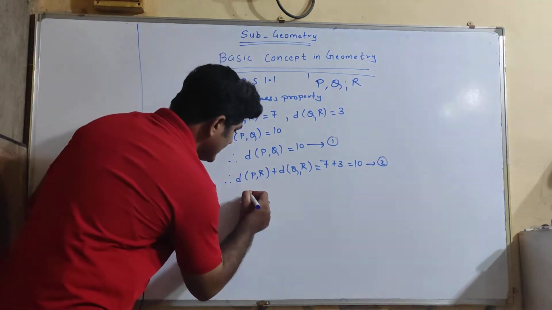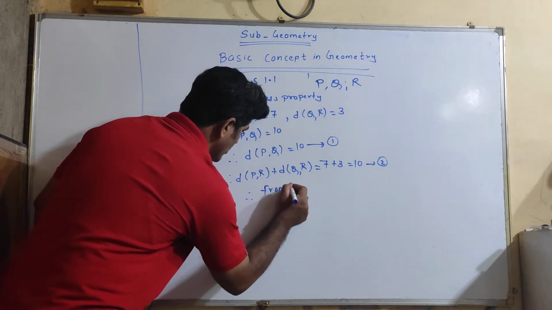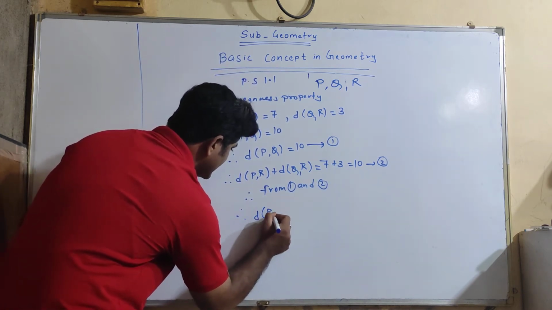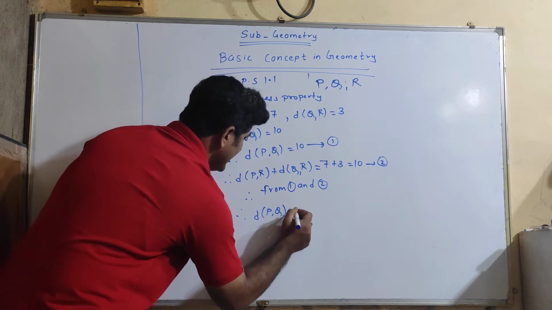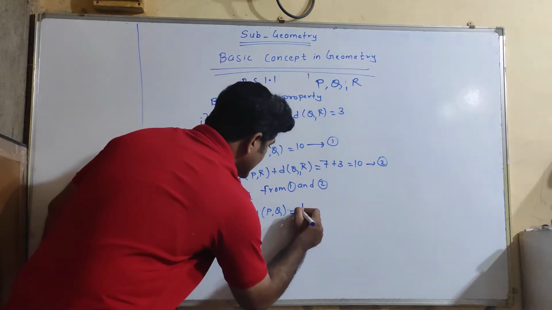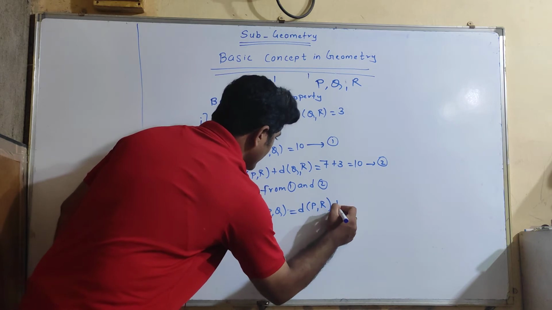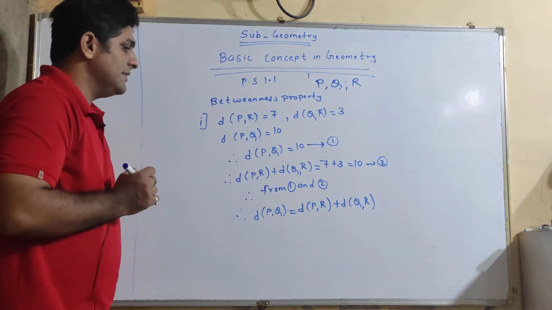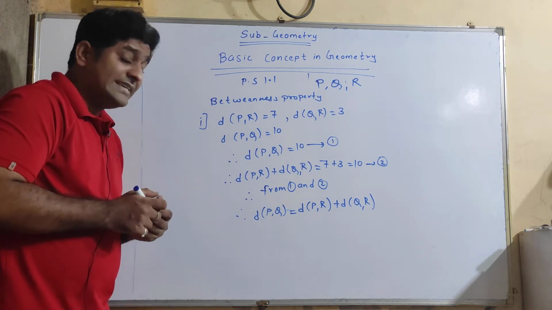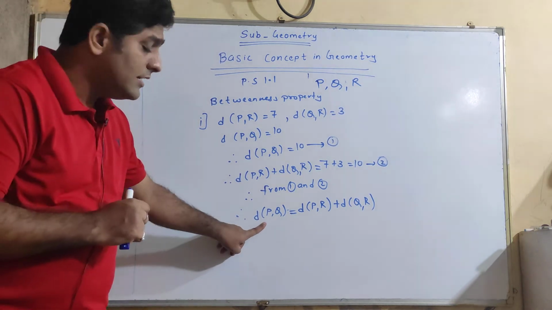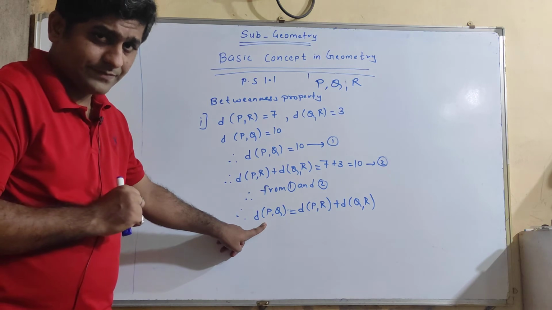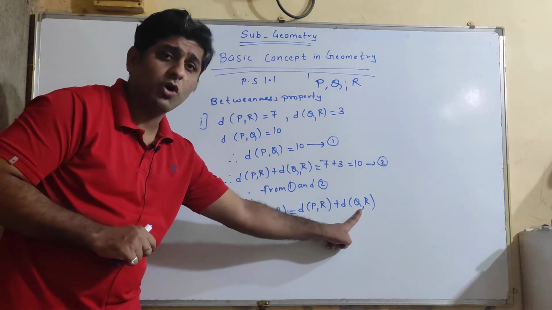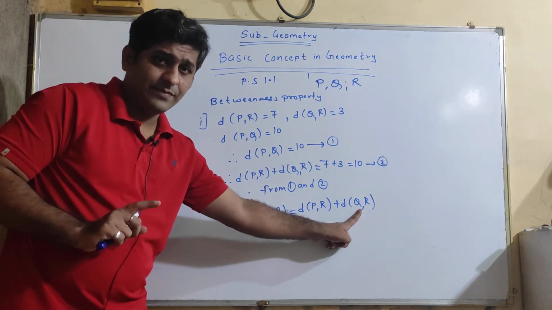So can I say like this over here, that from 1 and 2, we can say that distance PQ is equal to distance PR plus distance QR. That is, a greater distance is equal to sum of the 2 smaller distances.